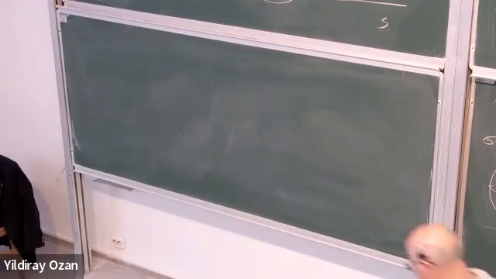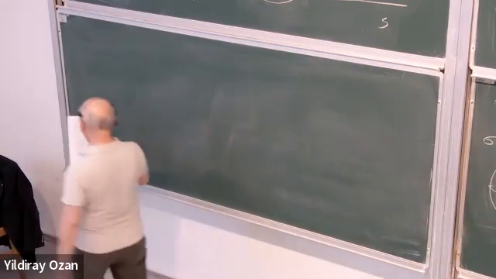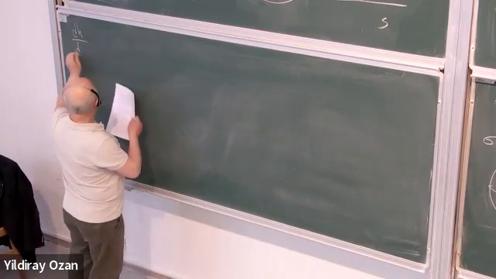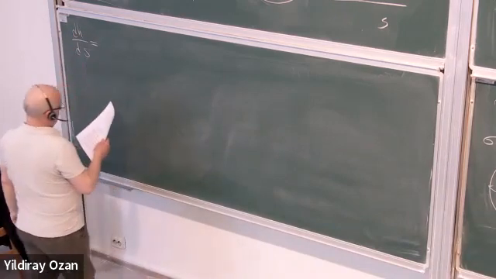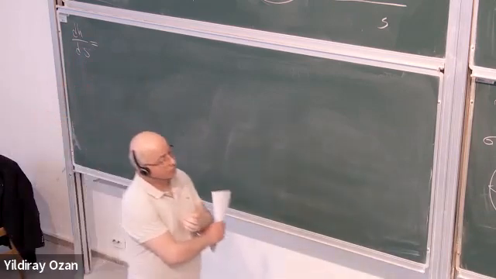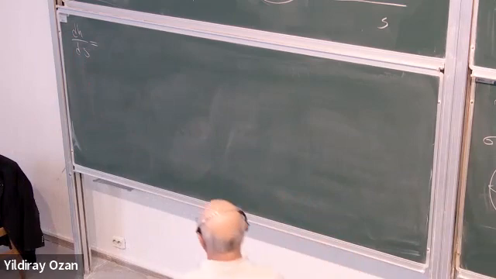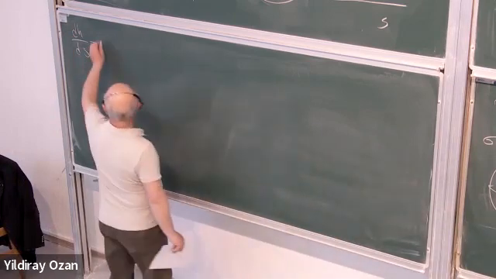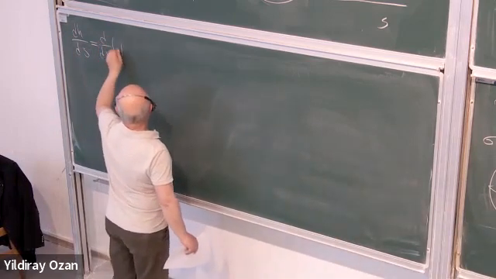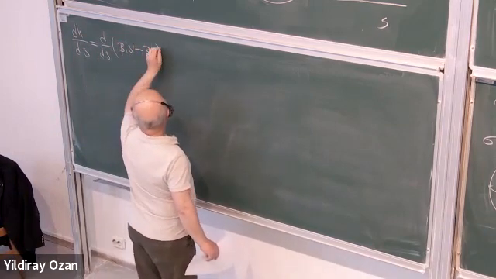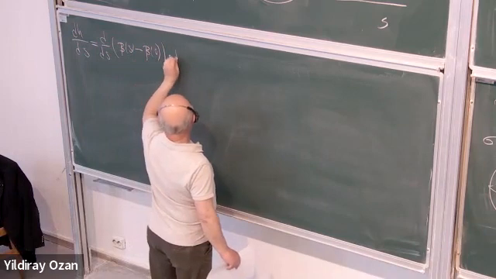All right. So dh over ds. So I take derivative of h. H is the dot product of beta s minus beta 0 with the constant vector u. Therefore, this is d/ds of beta s minus beta 0 dot product with u.